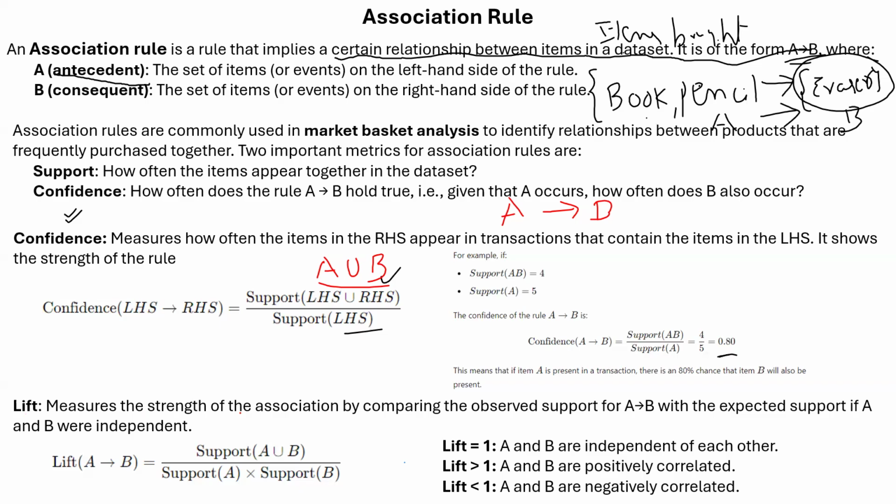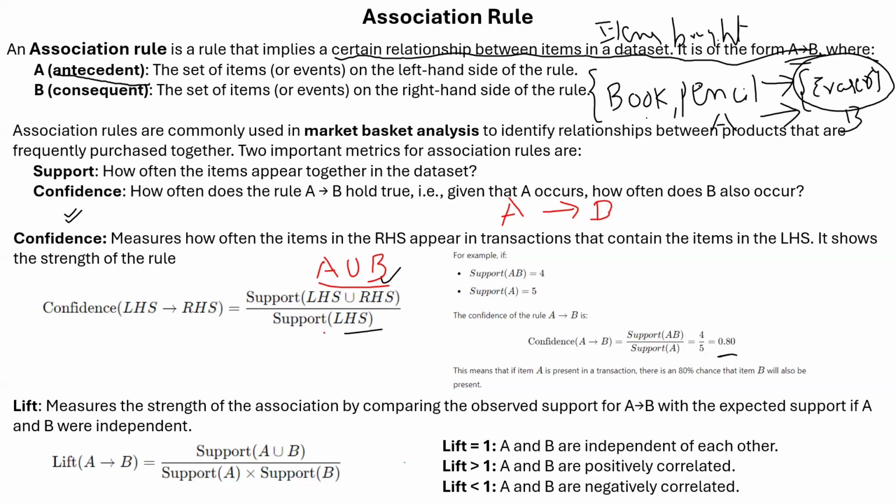Lift measures the strength of the association by comparing the observed support of A and B with the expected support of A and B if A and B were independent. There are high chances that B can also occur independently, right? It doesn't necessarily need to have a relation with A. Being independent, they can also occur independently.